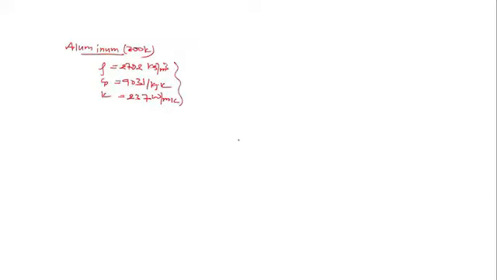At 700 Kelvin for aluminum only, density, Cp and K are given as 2702 kg per meter cube, 1090 joule per kg per Kelvin, and 225 watt per meter per Kelvin.